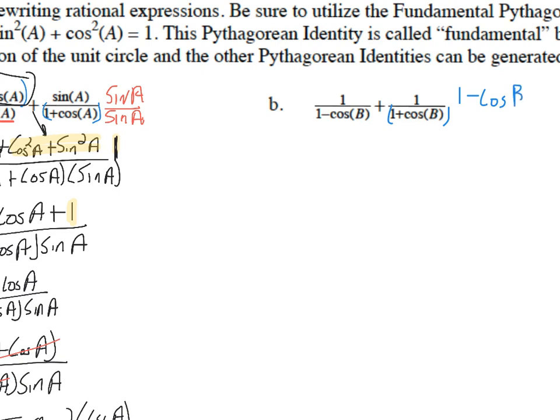One minus the cosine of b over 1 minus the cosine of b. And over here, I'm going to multiply by a giant 1 that has 1 plus the cosine of b in it. Because this is going to give me a common denominator so I can add my fractions together.